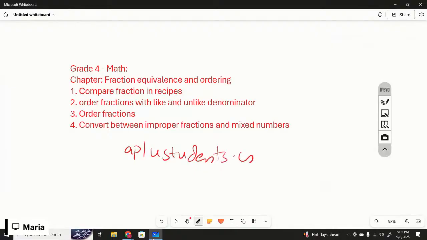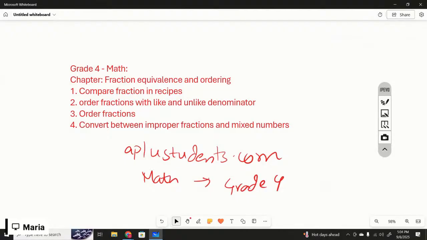You have to log in there using your email address and password as provided by the administrator. Then you have to select math from the subject tab. Scroll down to grade 4 math and then click on view all lessons. There you can find a list of the chapters.